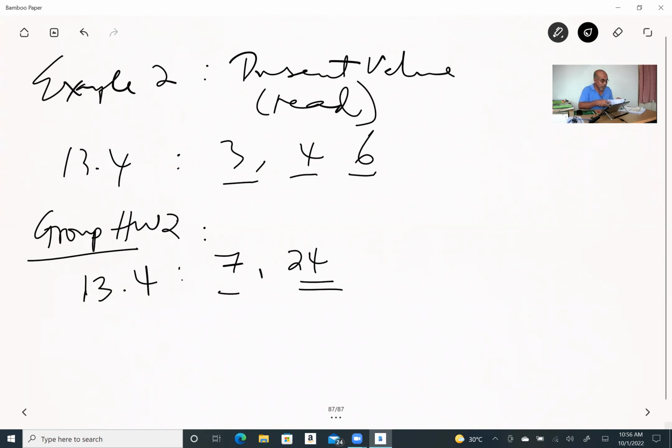Group homework. Now don't change your group. Maintain the group as per your first assignment.